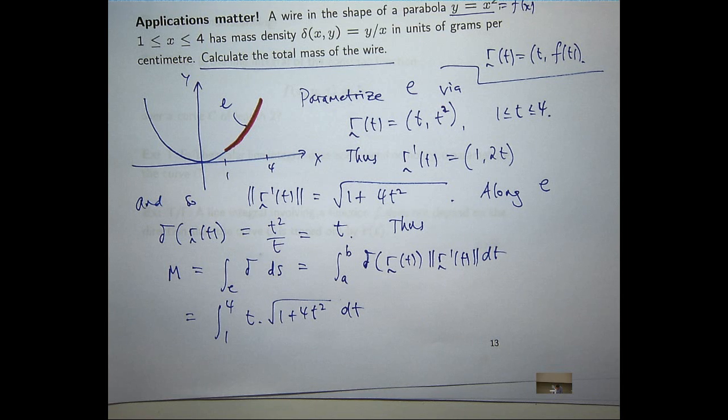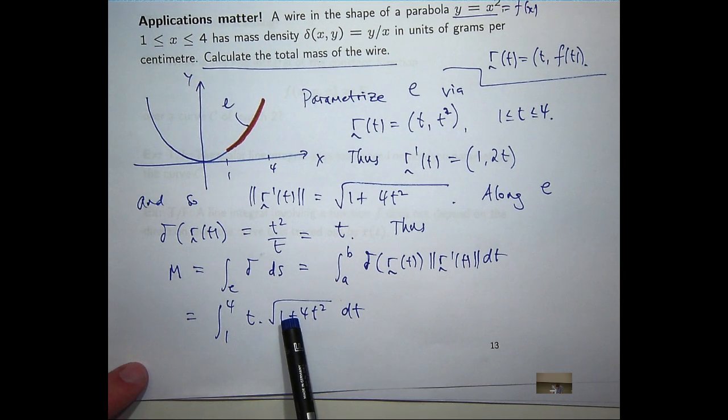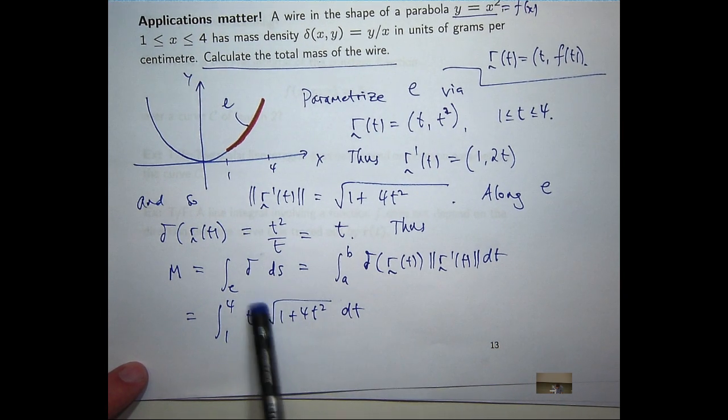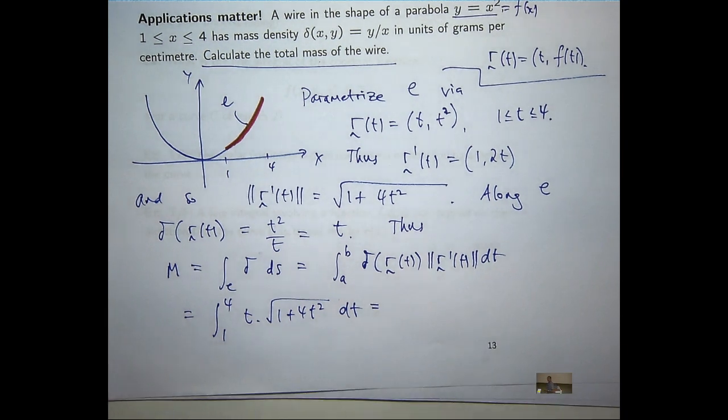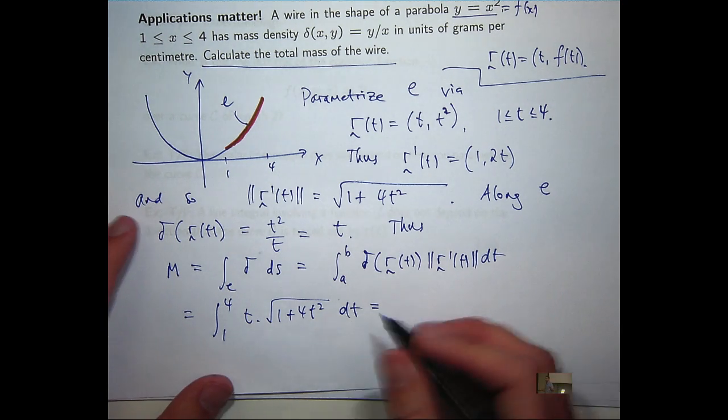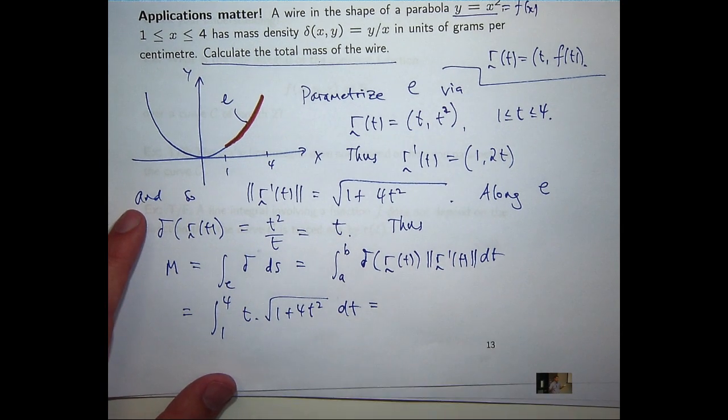If I wanted to do it formally, I would let u equal 1 plus 4t squared, then I'd calculate du dt, and it's almost that. Actually, I'm not going to do that, I'll let you do that.